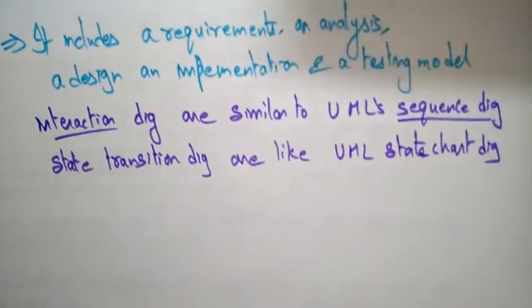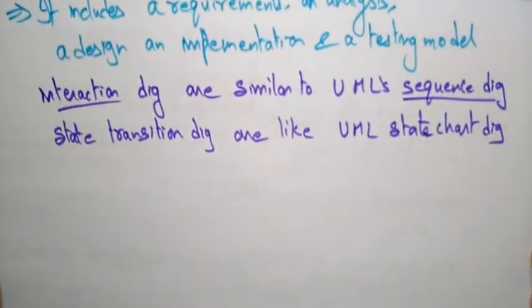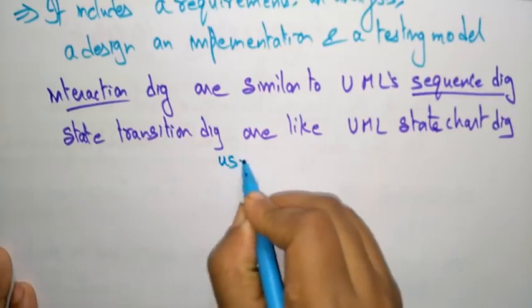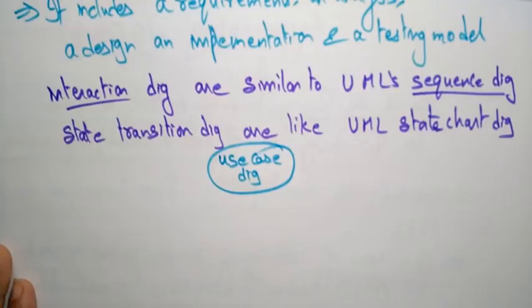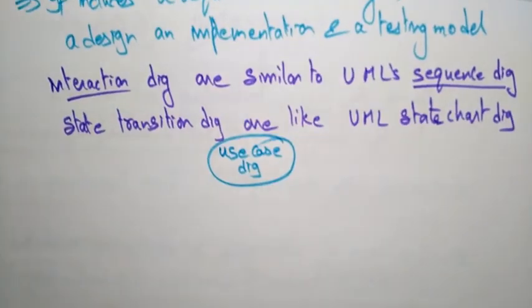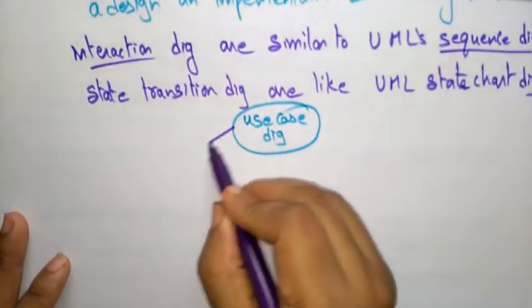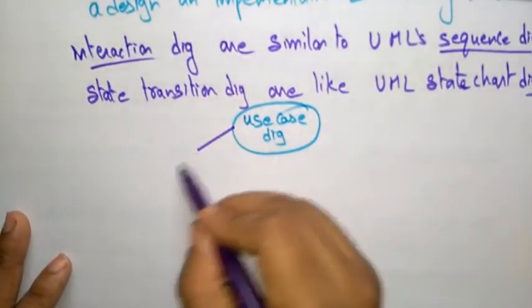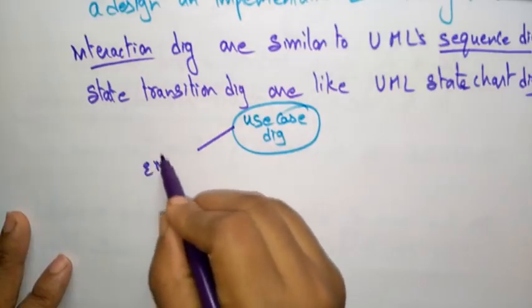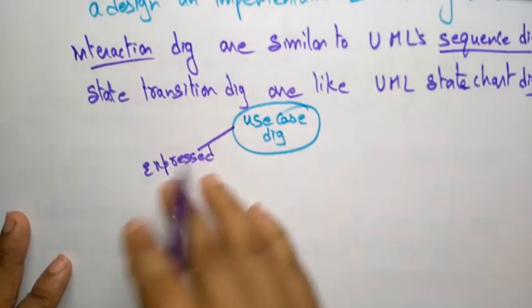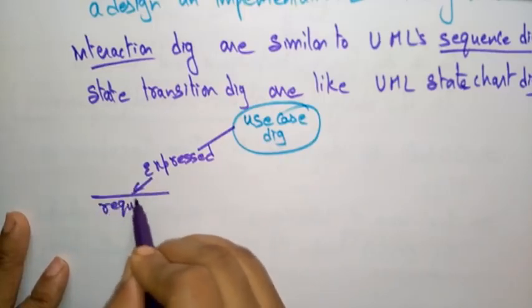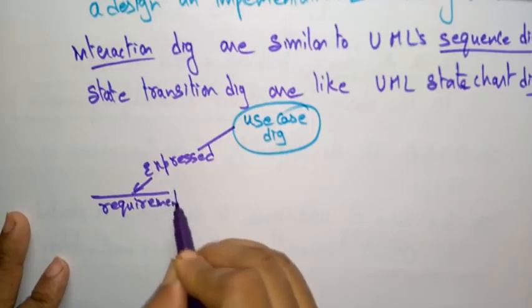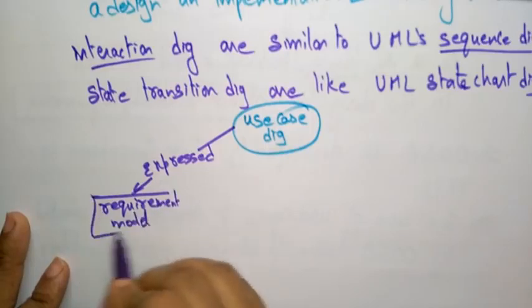Now let us take the use case diagram, which was introduced by object oriented software engineering. We develop the use case diagram, which includes requirements. These use case diagrams are expressed in the requirement model.